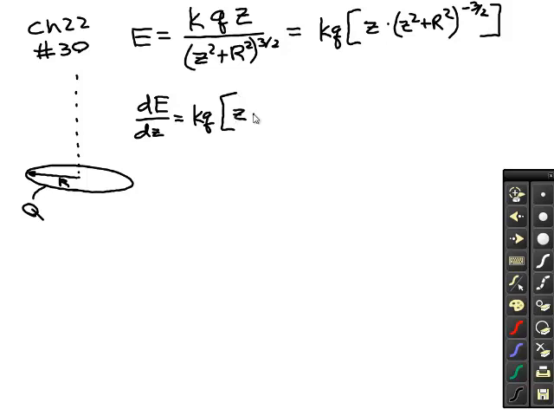Now the derivative of that guy, I need chain rule, right? So I'm going to say negative 3/2 times Z squared plus R squared to the, I got to lower that by 1, so it's negative 5/2 now, times the derivative of what's inside, which will be 2Z.